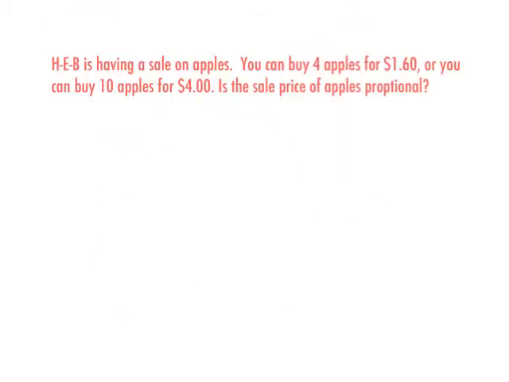All right, so H-E-B is having a sale on apples. You can buy 4 apples for $1.60, or you can buy 10 apples for $4. Is the sale price of apples proportional? I did not spell proportional correctly. Okay, I'll fix that. So we can set up a ratio.